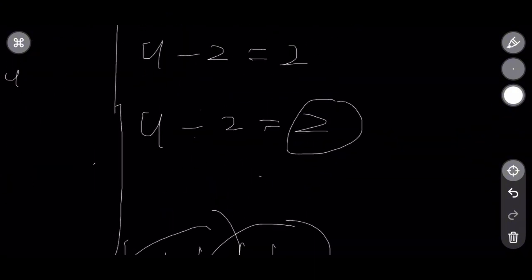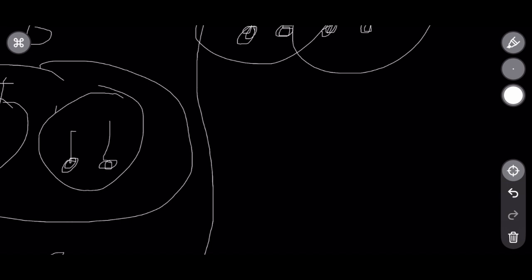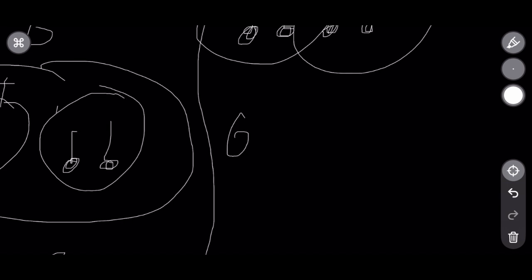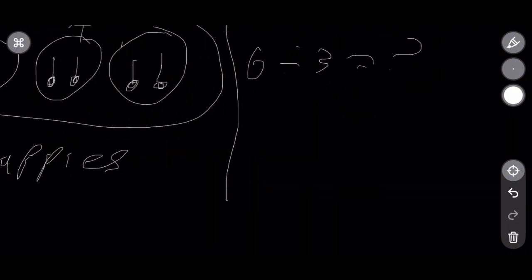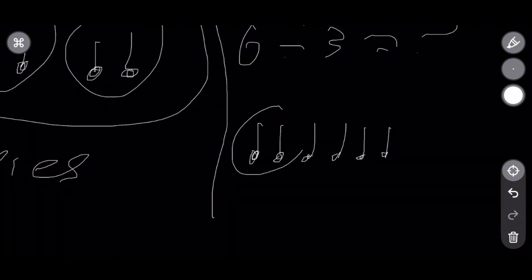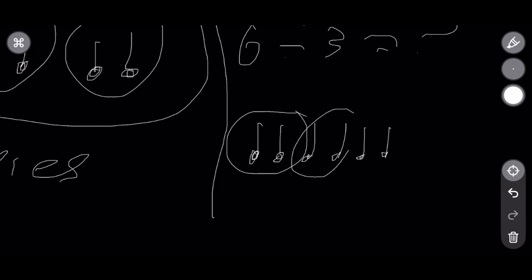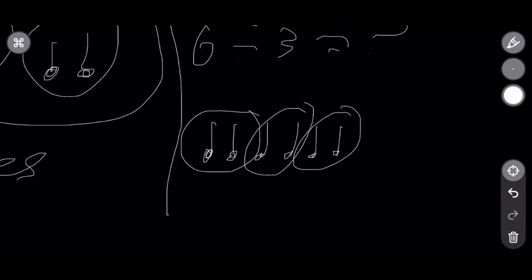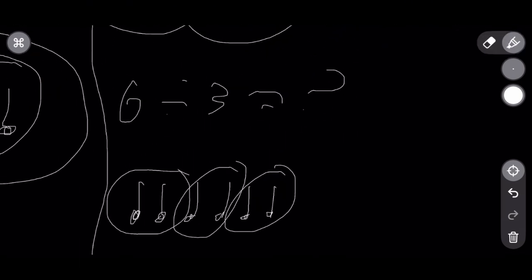Let's do a bit bigger now. 6 divided by 3 equals what? Well, let's do 6 apples. We want to split this into 3 groups. How would we do this? Well, 2, 2, 2. That is going to be 2 again.